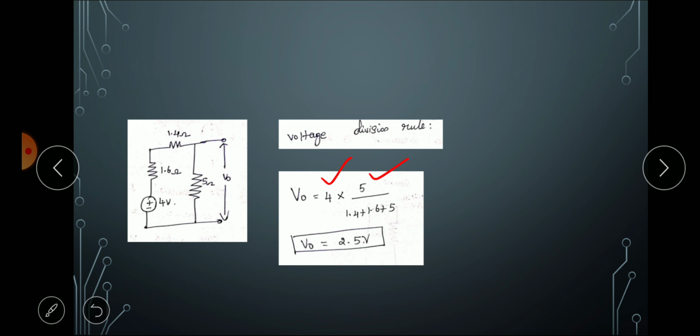The same resistance is 5 ohm, and the total resistance is 1.6 plus 5. We get the answer V naught equal to 2.5 volt. So the value of V naught by using Millman's theorem is 2.5 volt.